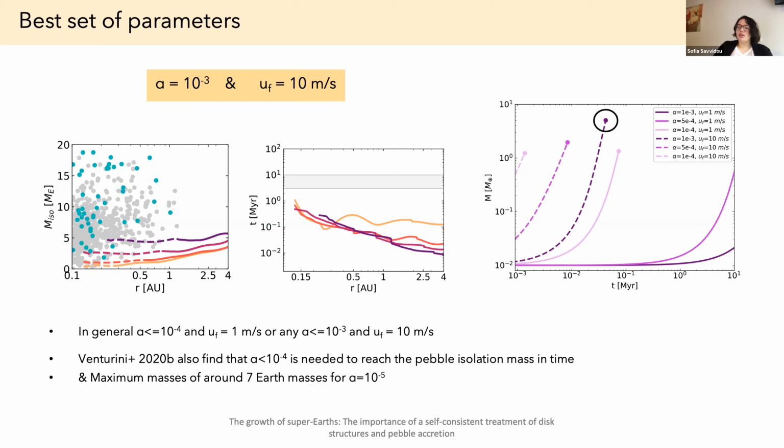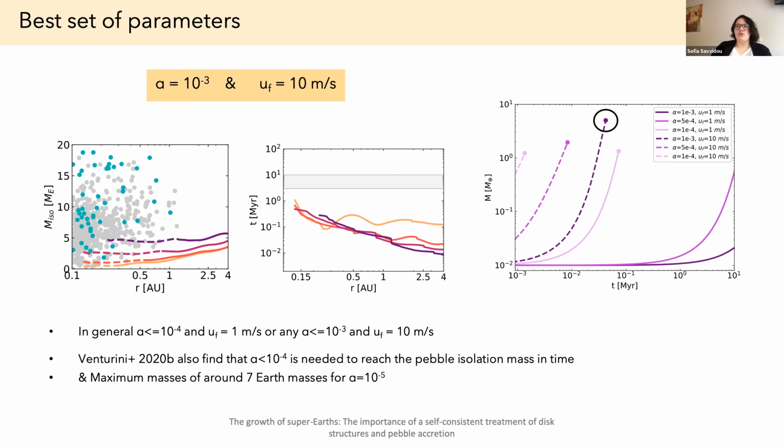And there has been recent research that finds the same thing, that alpha needs to be lower than 10 to the minus 4 in order to reach the pebble isolation mass in time. They also find the maximum masses to be around 7 Earth masses for alpha equal to 10 to the minus 5. That means we're still missing the higher end of this plot here.